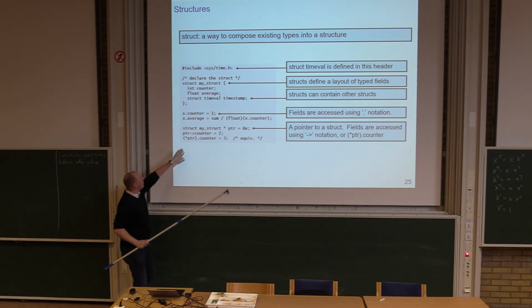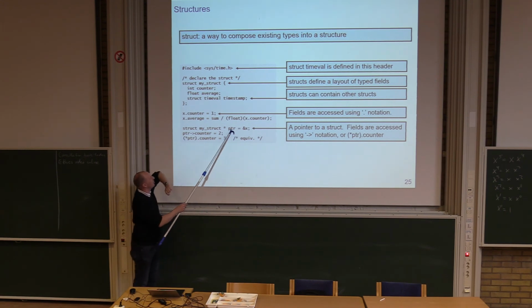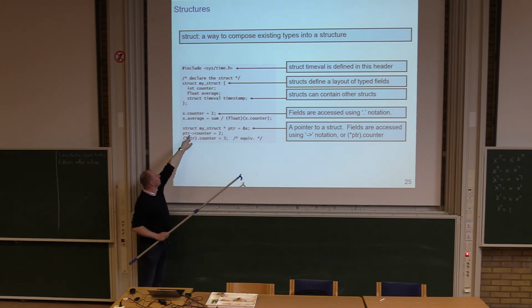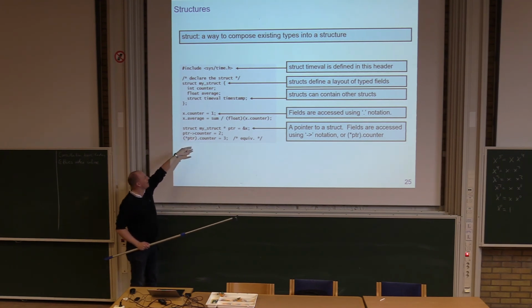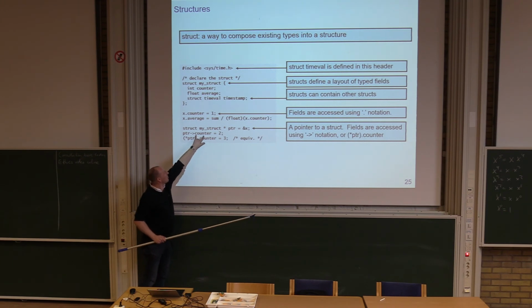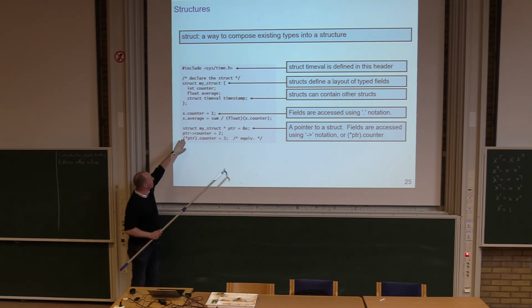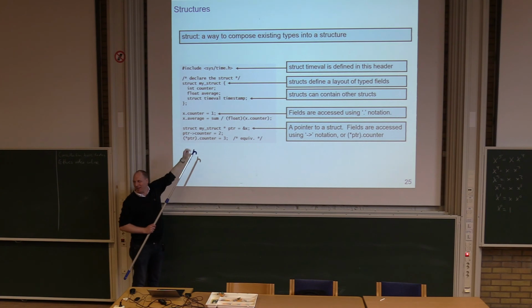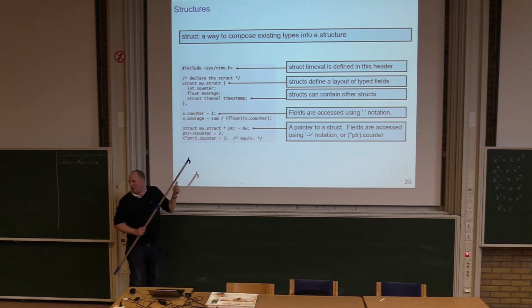And now you have a different notation here, because if pointer is the address, then you will use a minus sign or hyphen and a greater than sign to dereference, to change the counter variable. So then you don't use the dot notation here. If x was a variable of type myStruct, then you can use the dot notation.